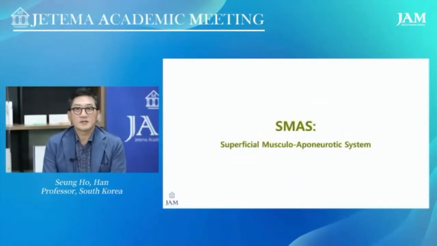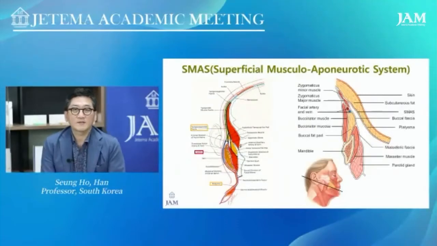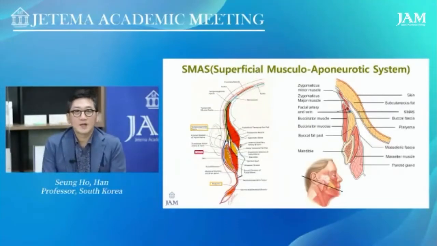Layer 3, the SMAS or mimic muscle, is the most important criterion. From this layer, we can distinguish layer 2 and layer 4. And for lifting, this is the main focus.